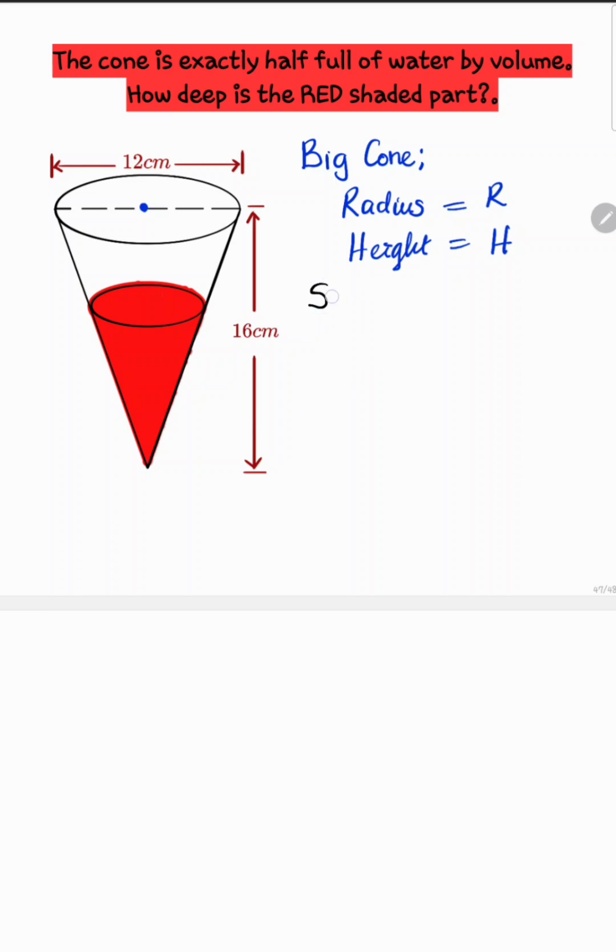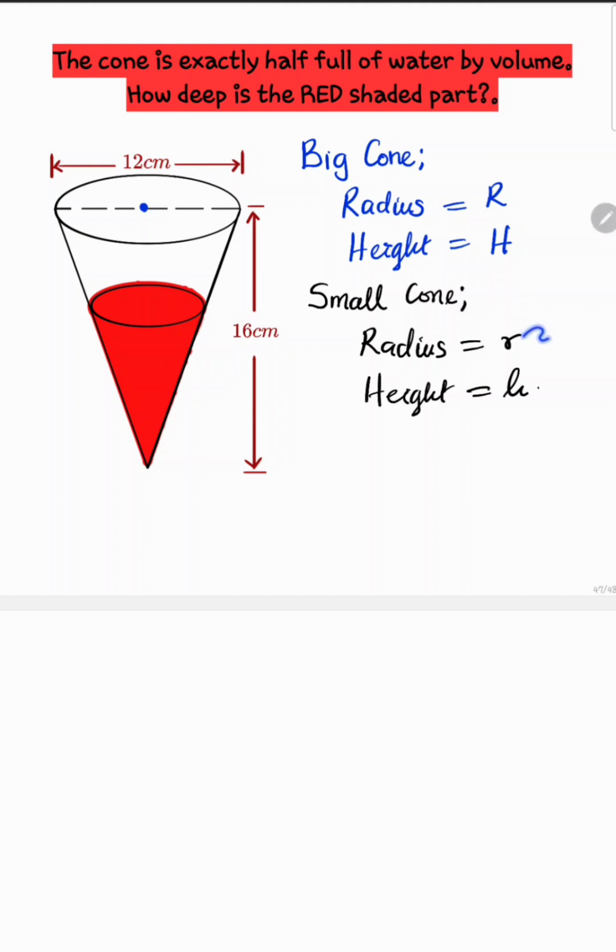But for the small cone, for the radius let's use our normal r, and for the height we use the small letter h. Then when two cones are similar like this, this relationship holds anytime.